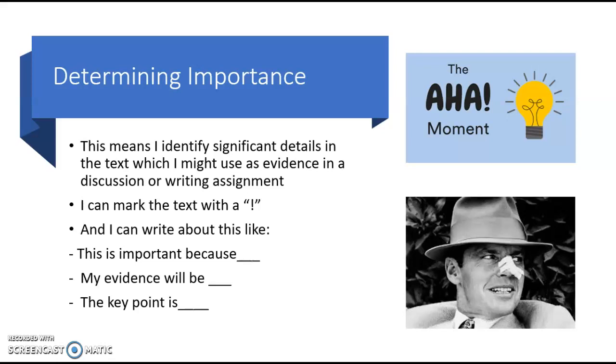And so I have a picture here of a sleuth, and a sleuth is a detective, and they're constantly looking at clues and trying to determine importance. And eventually detectives are seeking to have an aha moment when they discover the meaning of what they're investigating.